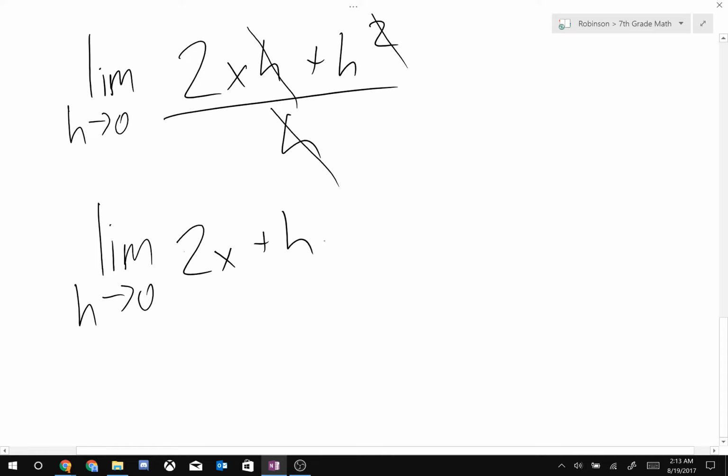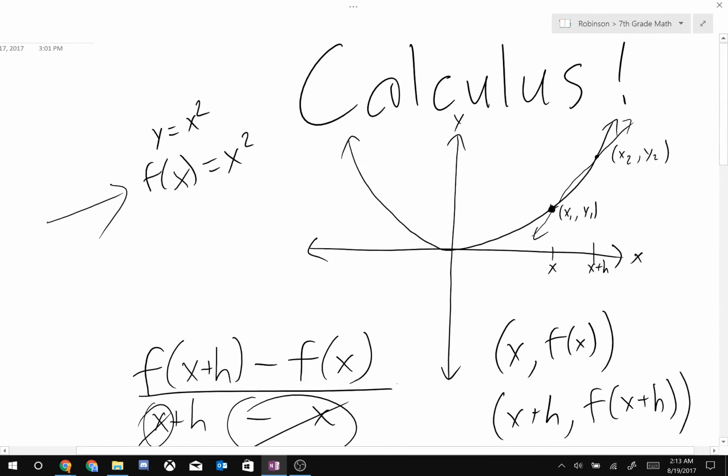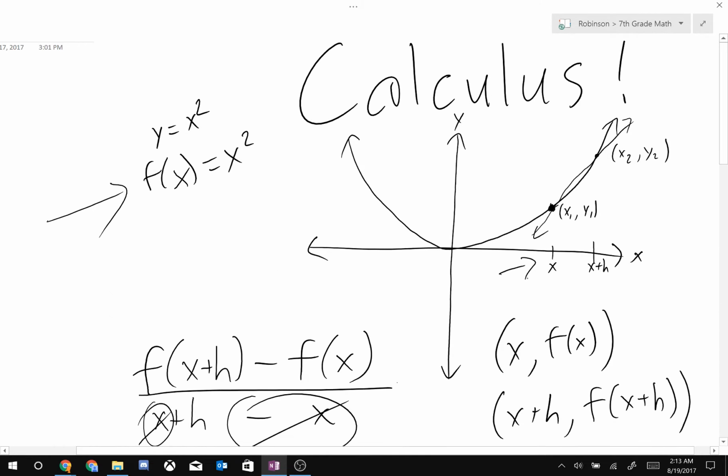And we said, well, now h is allowed to be 0 because we're not dividing by it anymore. So the derivative, or f prime of x, is going to be equal to 2x. You're thinking, what does that possibly mean? But remember, we had an x value up here. Let's say that x value was 2, and I want to know the instantaneous slope at the x value of 2 of the function f of x equals x squared.